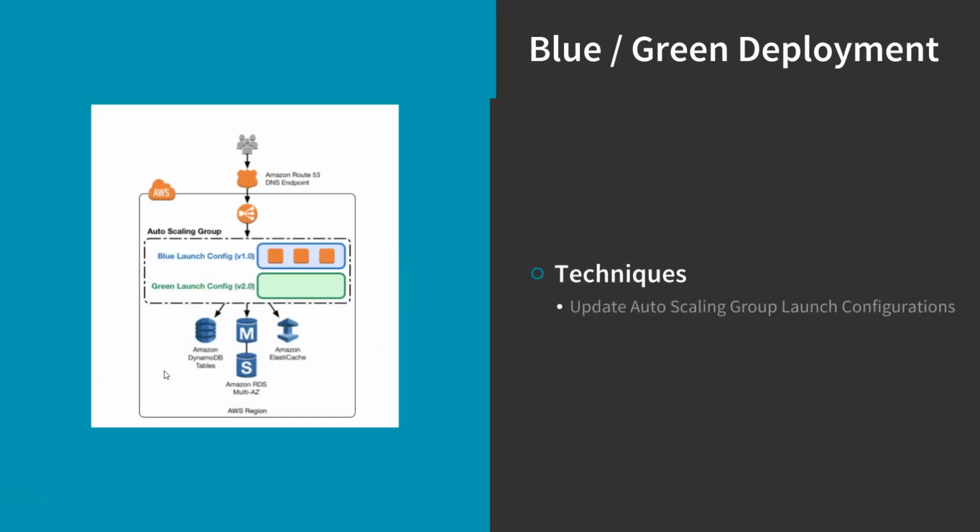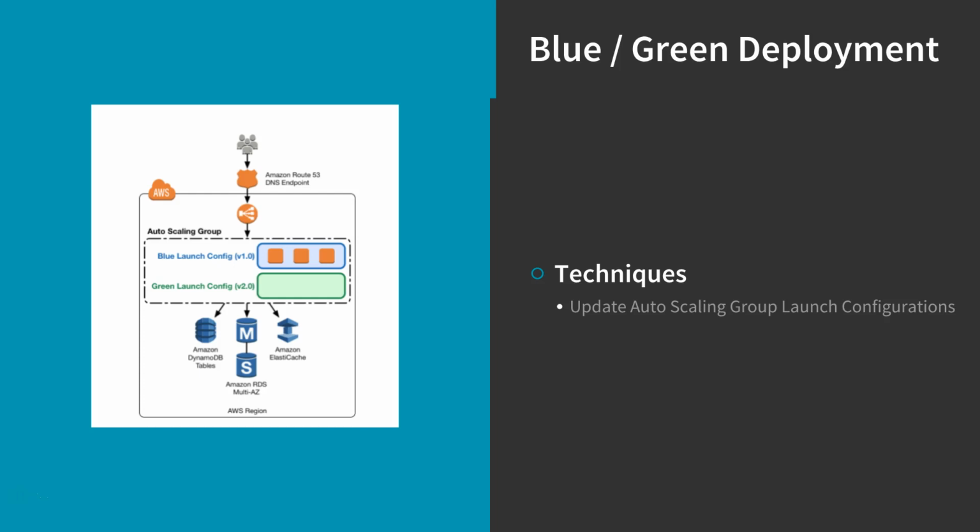Another technique is updating autoscaling group launch configurations. Autoscaling groups have their own launch configurations, which once again contain information like the Amazon Machine Image ID, instance type, key pair, one or more security groups, and a block device mapping.